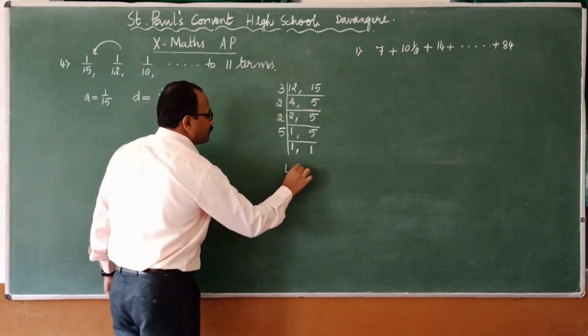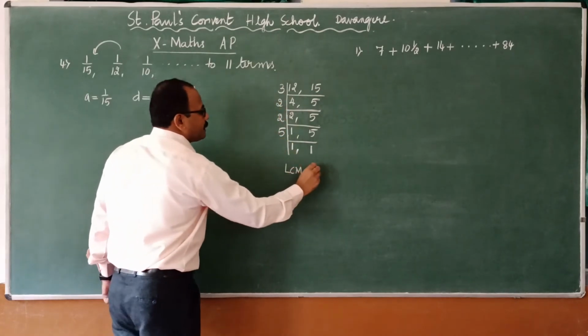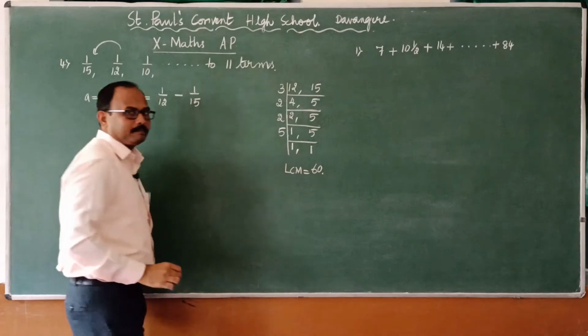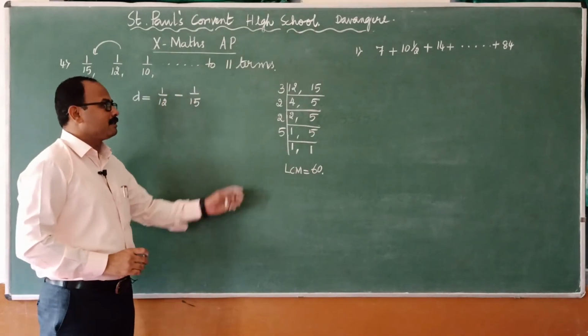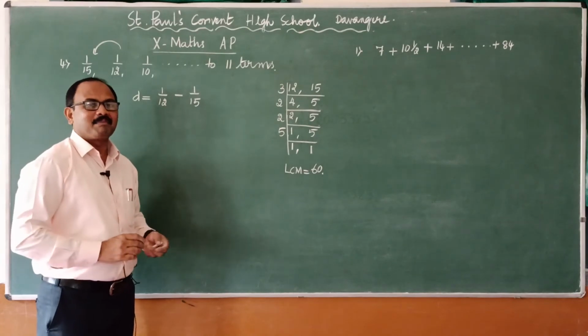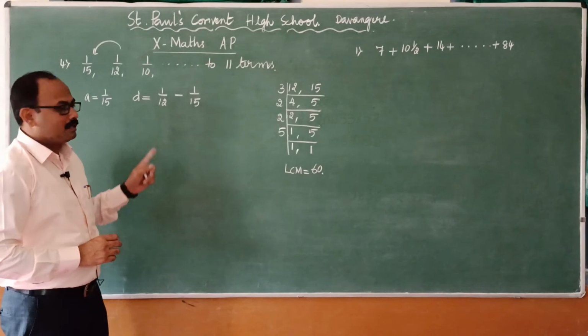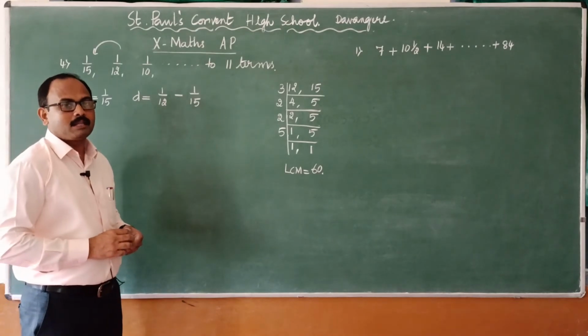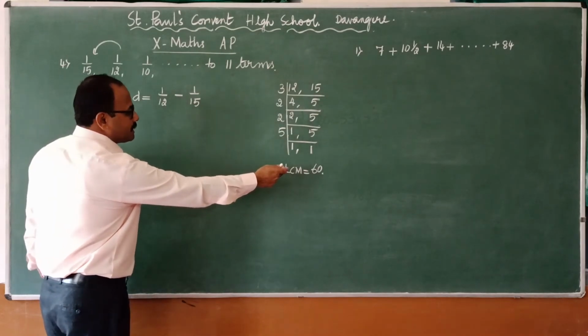LCM will be equal to 3 2s are 6, 6 2s are 12, 12 5s are 60, children. During this lockdown, the pandemic, children, many of you might have forgotten the LCM. Please remember, it is very important when you work out sums based on the fraction part. Therefore, we have the LCM, children, as 60.